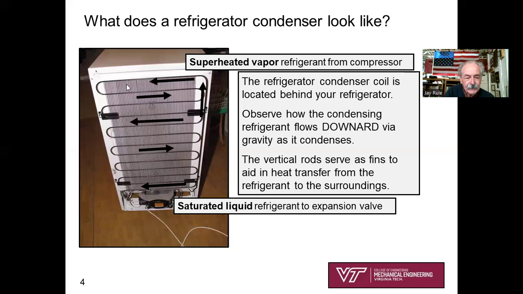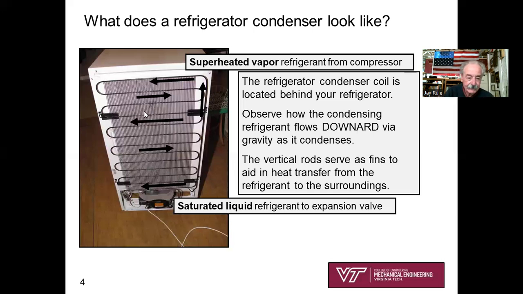The other thing is, you see this tube going back and forth and back and forth. What are these vertical things? They're essentially serving as fins, heat transfer fins that are welded to this refrigerant tube, enhancing the heat transfer. That's to get as much heat transfer as possible from the tubes to the surroundings.